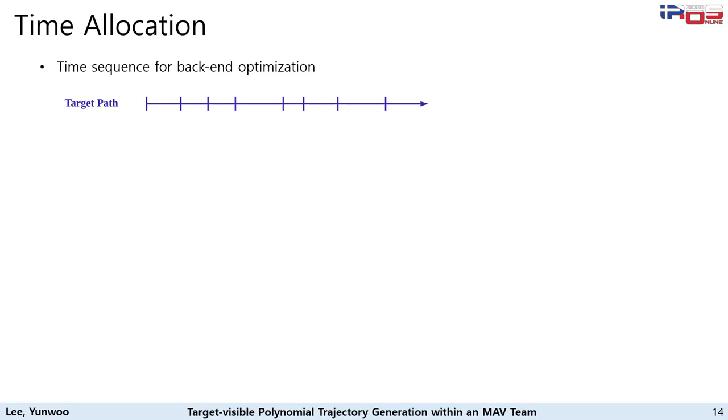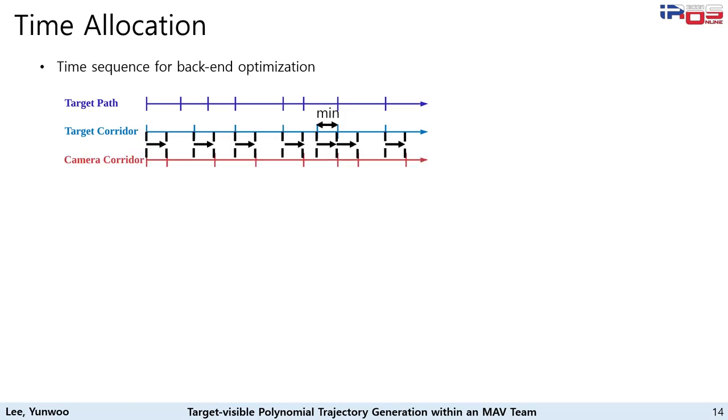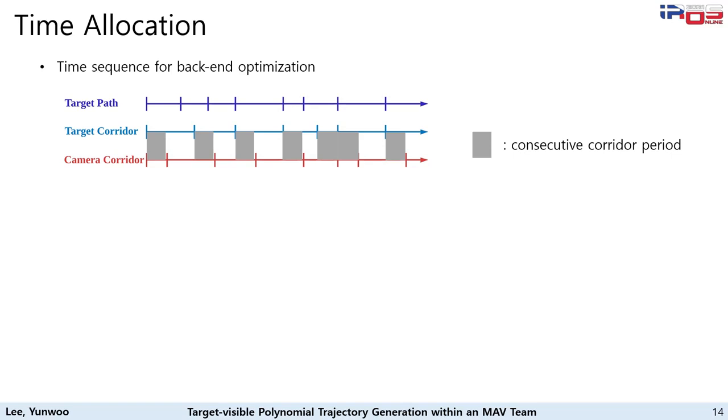Then we are gonna make the time sequence for optimization. First, we have target trajectory information. With the aforementioned methods, we get the staying time of the target agent in each corridor. In our work, we set the time during which an agent stays in each corridor to be equal for both agents. So we set the time duration for camera agents to stay by delaying the smallest value of the corridor time interval that is obtained earlier. Our strategy makes the two agents stay in the same or consecutive corridor throughout the entire flight.